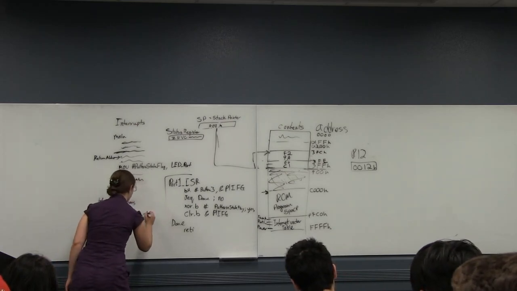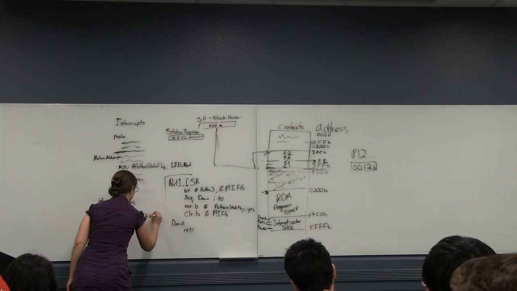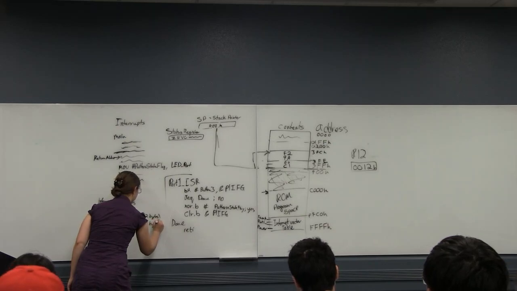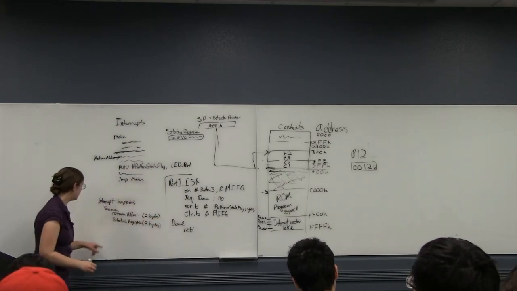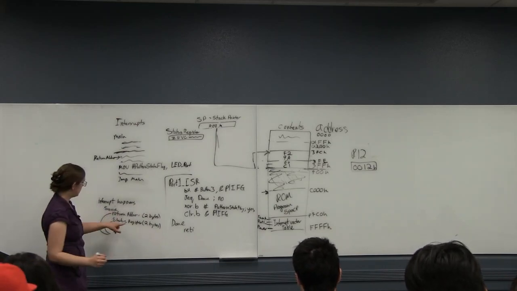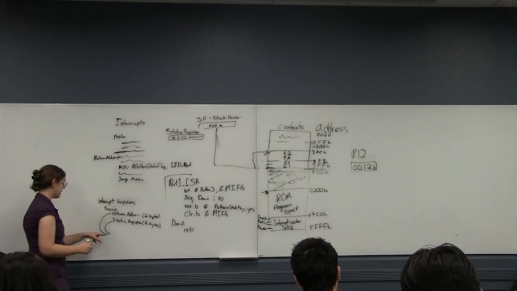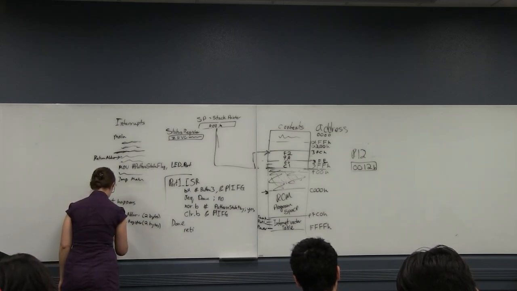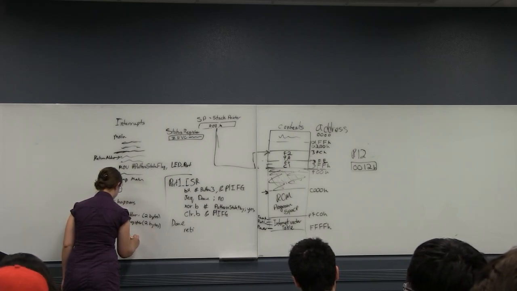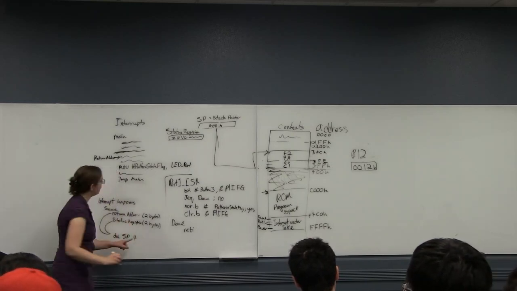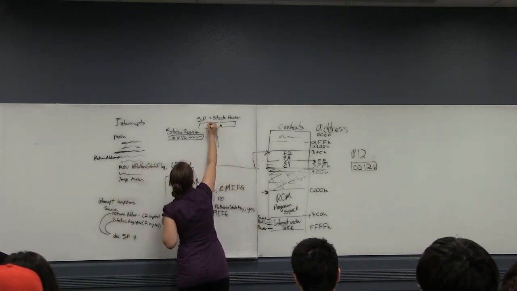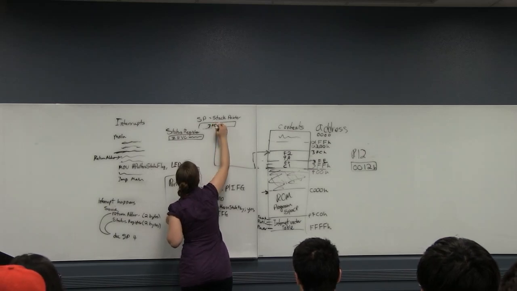This one is 2 bytes long, and this one is 2 bytes long. So in saving these two things on the stack, you decrement the stack pointer by 4. So this isn't 400, it's now 3FC.